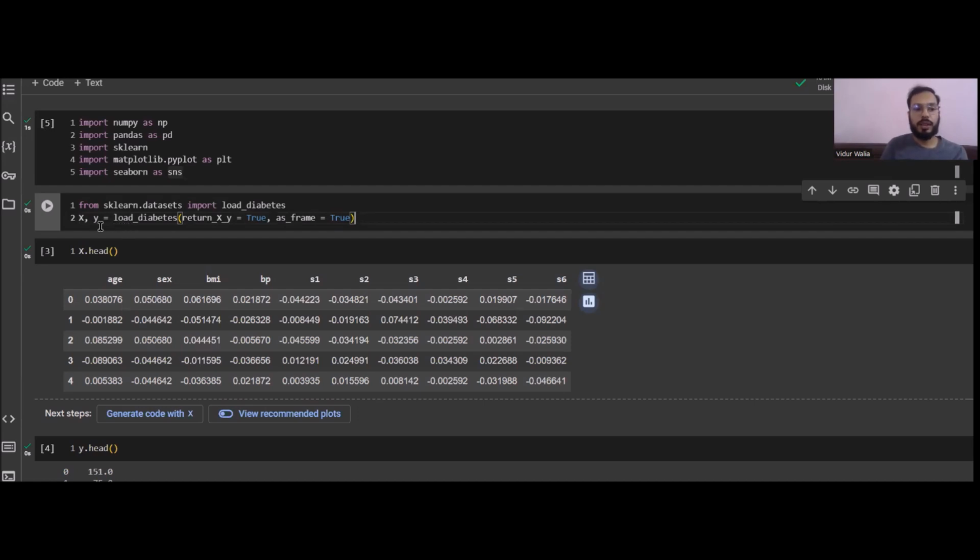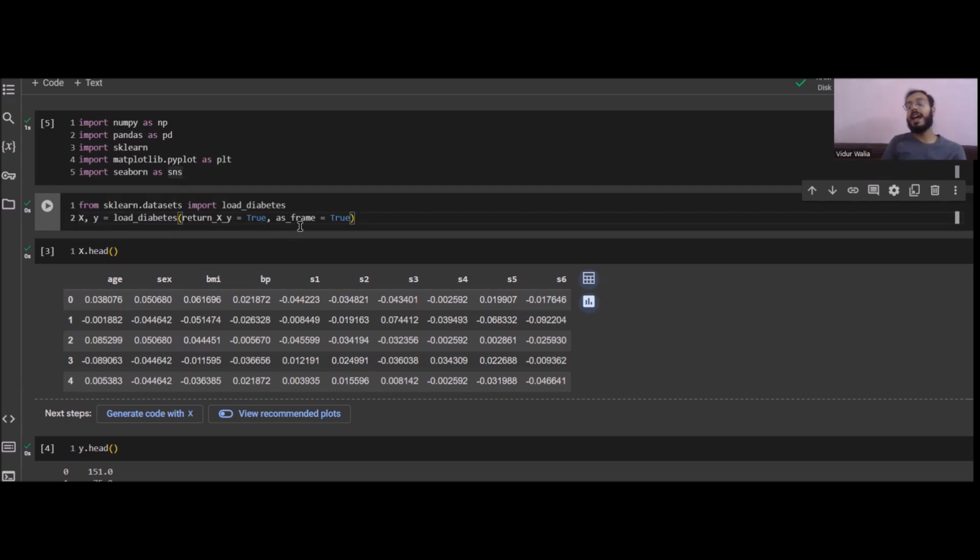So we'll just do x comma y. This load_diabetes will return two things. One, it will return a data frame with only the x values, the independent variable, and the dependent variable y separately. So that is why I put a comma in between, and I've written load_diabetes, return_X_y equal to True, returning x and y data set separately.